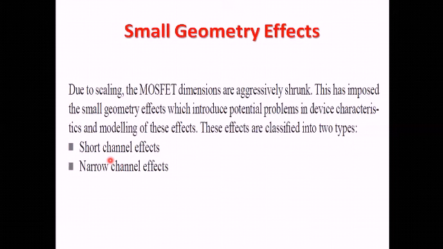So there are 2 types of small geometry effects: first is short channel effects and second is narrow channel effects. I hope these are clear to all of you. Now we will have a brief discussion about short channel effects and also narrow channel effects in the later slides. So let us start with the short channel effects.